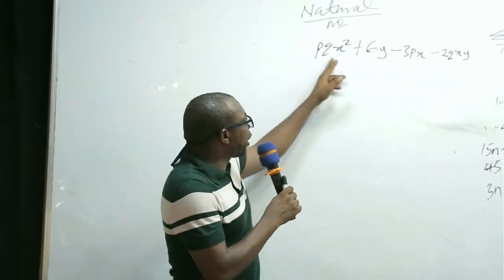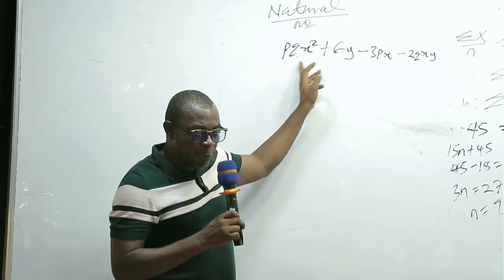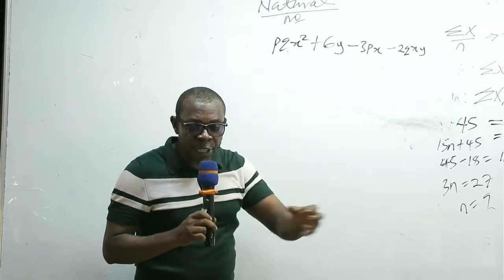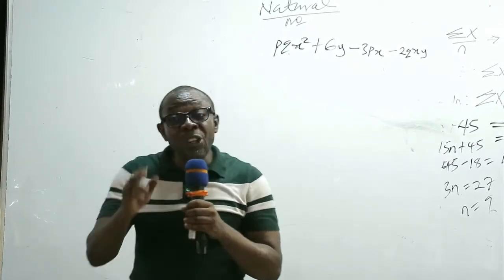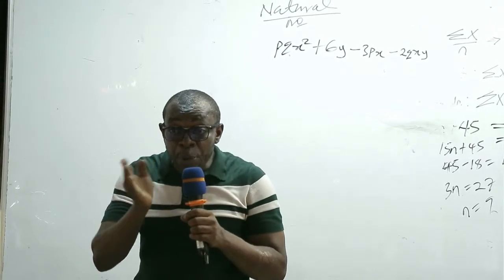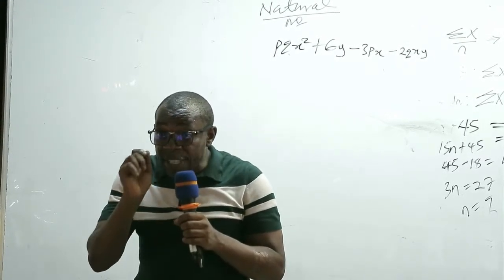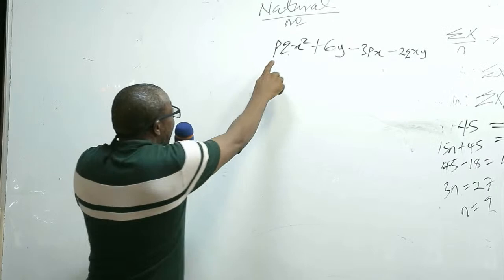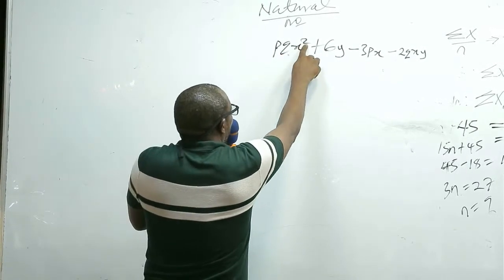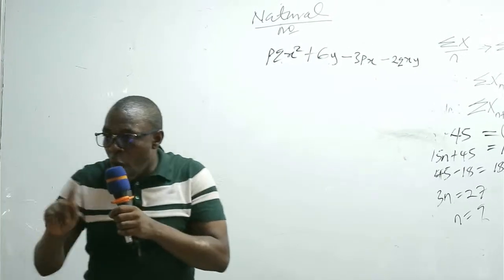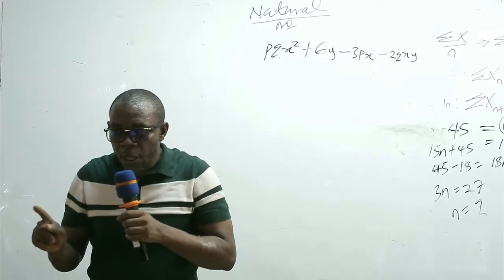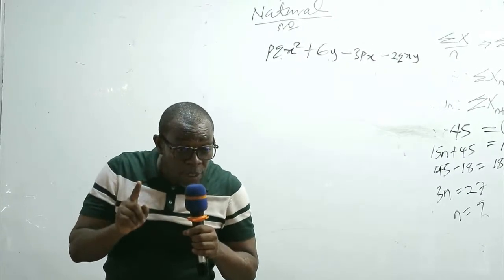And look at it. If you look at this pair now, do they have something in common? Listen, shine your eyes. Look at it. pqx squared plus 6y. Do they have any letter in common? There's nothing common.